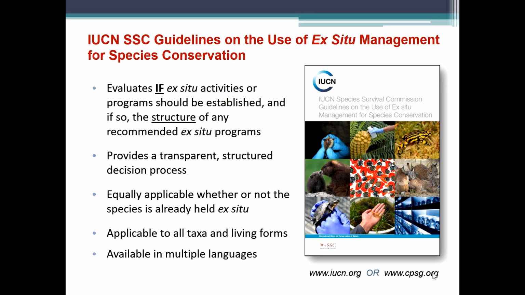They can be applied equally, whether the species is already in captivity or XC2 in any way, or is not being held. And it can apply to all taxa and living forms. So it's applicable to plants as well as animals, for example, and to frozen living tissue such as gametes, as well as to living animals.